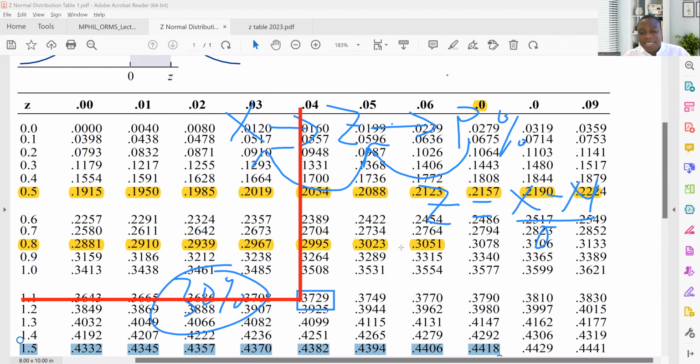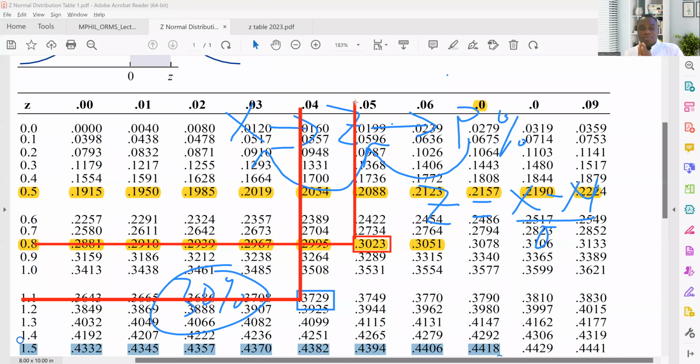If I have a percentage of 30.23%, I have to identify that 30.23% here, then trace its Z value to be 0.8 under 5. So the value is going to be 0.85.